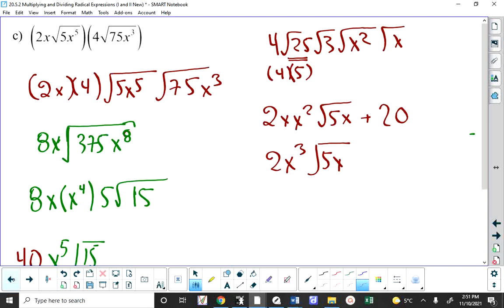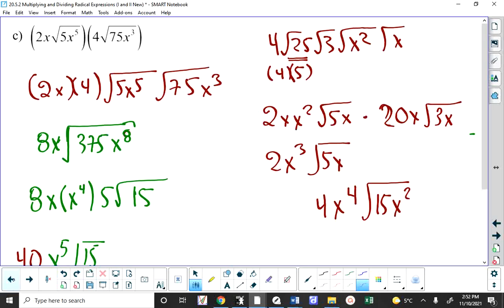And then I have an x here, and then I have a root 3x, and we're multiplying. So now I can multiply 20x by 2x squared and get 40x to the 4 root 15x squared.